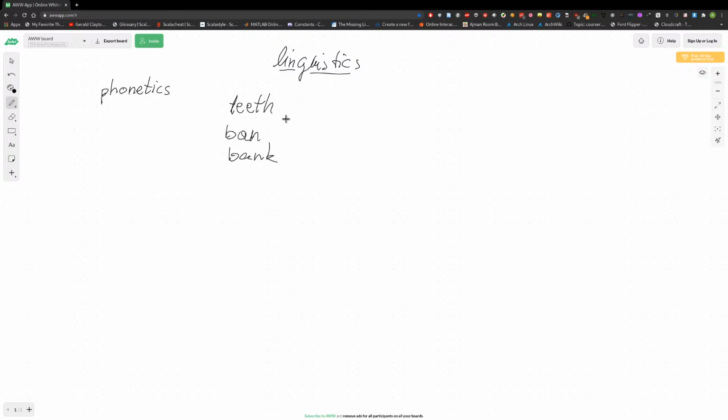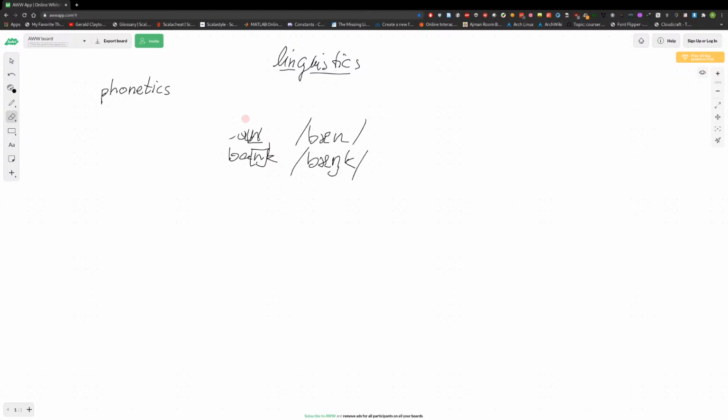You will look at the phonetic representations of these words and see what the differences are between, for example, this N and this N in terms of their phonetic transcriptions, as you'll see later. Okay, so this is the IPA, the International Phonetic Alphabet, and these represent different sounds. The N in ban and bank are different sounds, and this is what phonetics studies. All right, let me remove that real quick, and we'll move on to the next one.